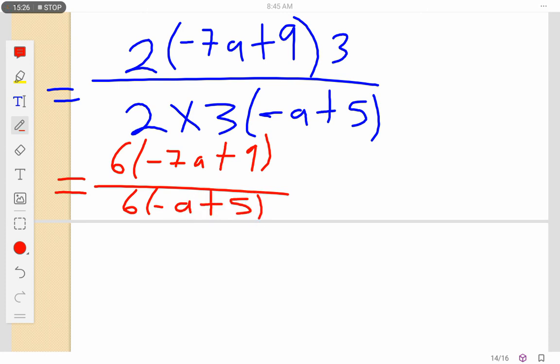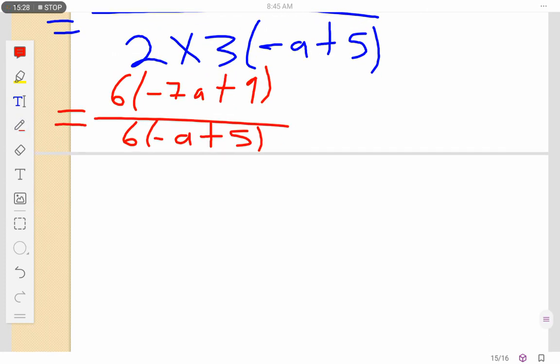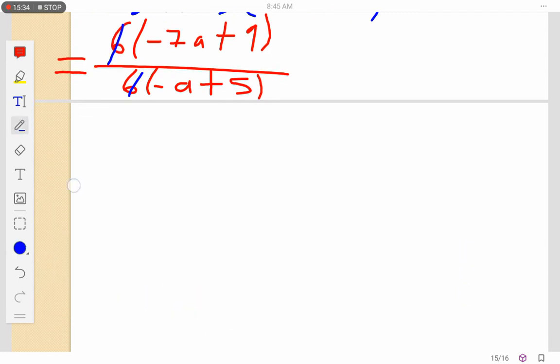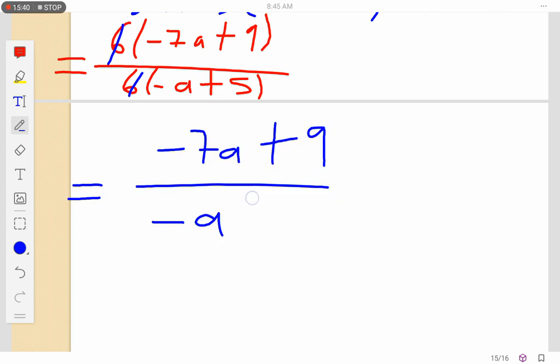Okay. Now, these 6 values there can be divided together and cancel off each other. So we now remain with minus 7a plus 9 over minus a plus 5.